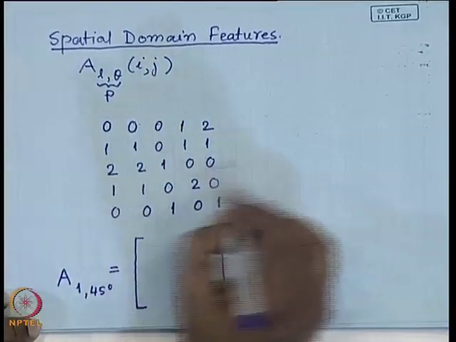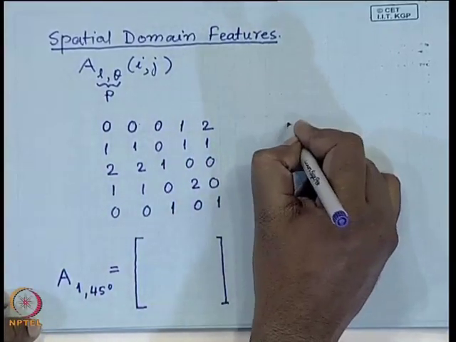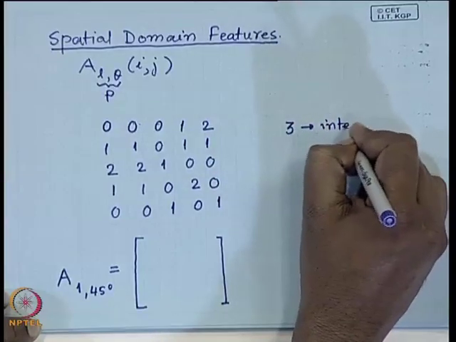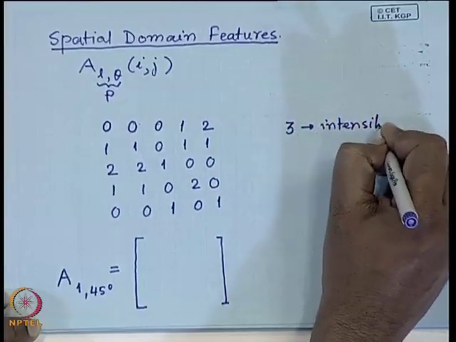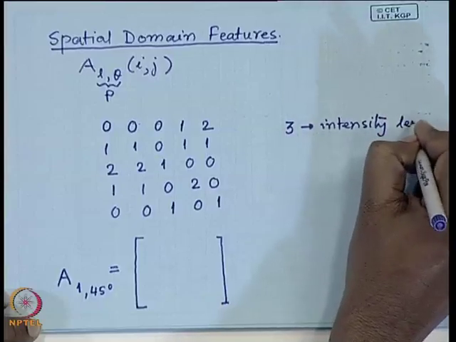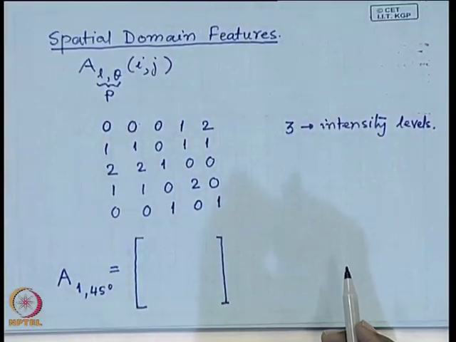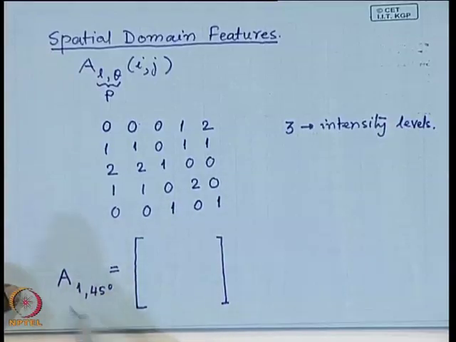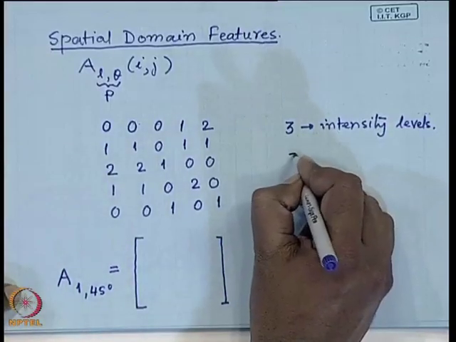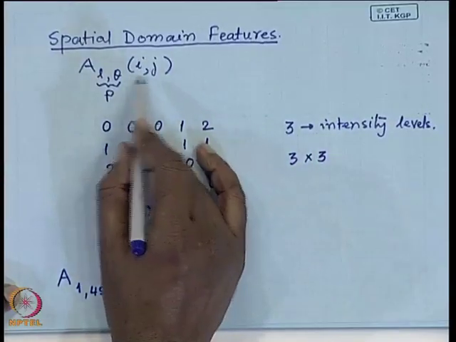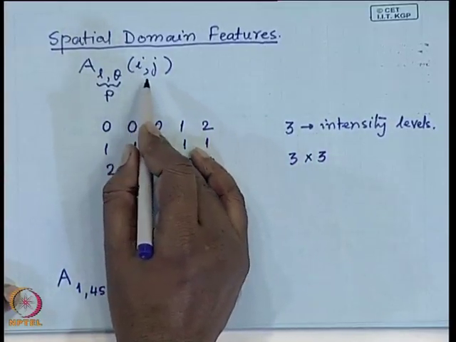Now, here you find that there are 3 different intensity levels: 0, 1 and 2. So naturally this matrix A will be of dimension 3 by 3, because it is indexed by intensity values; i and j are nothing but the intensity values.